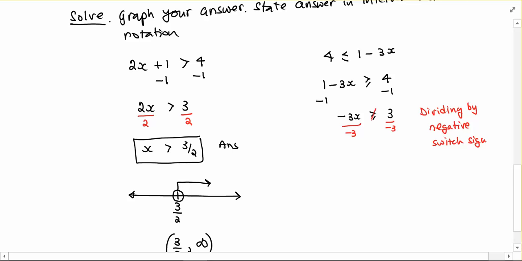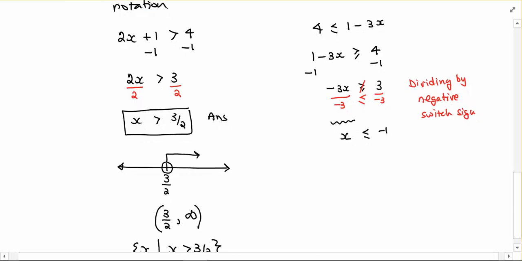So this changes immediately to that. So on the left side I have x, and there is the new changed sign, and on the right side I have negative 1. Okay, and so that's my answer.